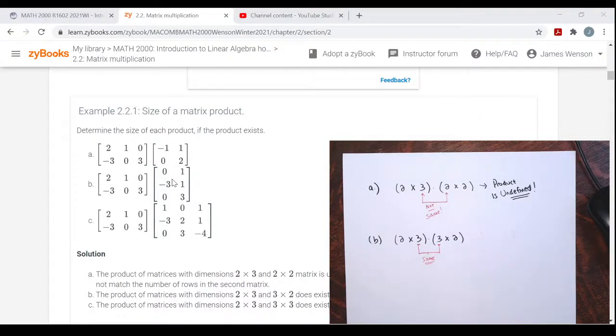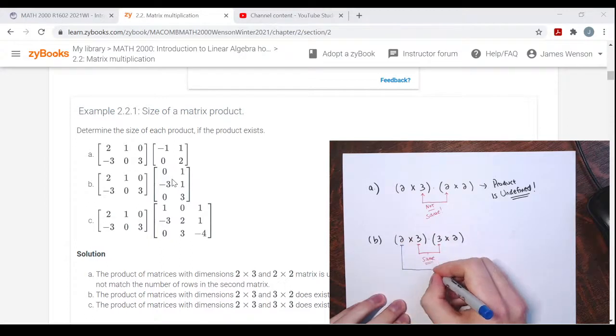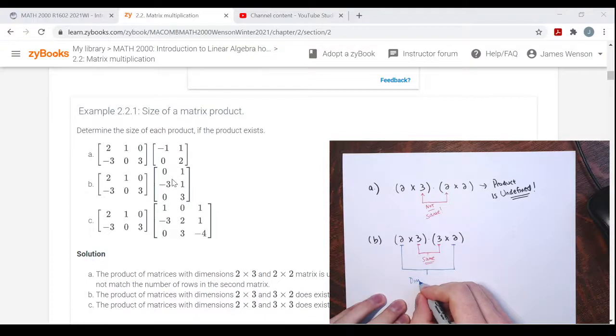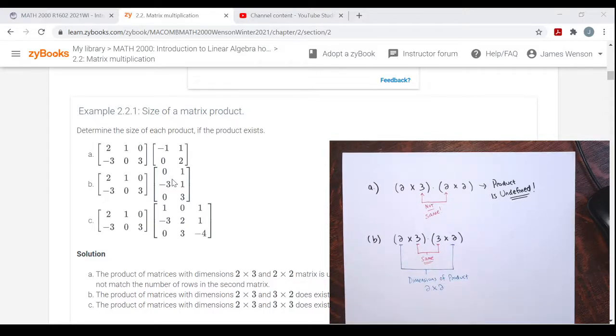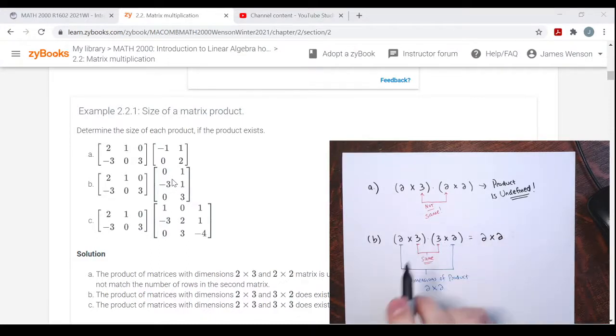If those two numbers are the same, then you can do multiplication. And what would the size of the product be? The size of the final result will be these outer two numbers. So the dimensions of the product will be a 2 by 2, those two outer numbers. So a 2 by 3 times a 3 by 2 will be a 2 by 2 matrix.